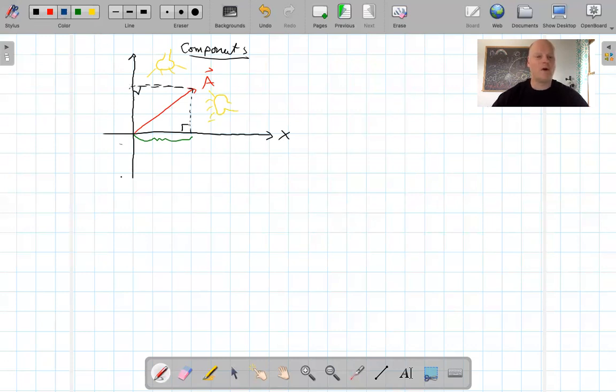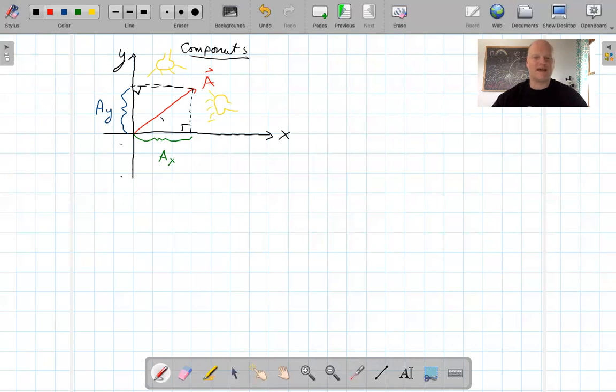And then this component, which we're going to call the y component, is equal to the length of the shadow along this particular axis here, which is our y-axis. So this amount here is what we call A_x, and this amount here is what we call A_y, which again is the amount of the vector along this particular axis.